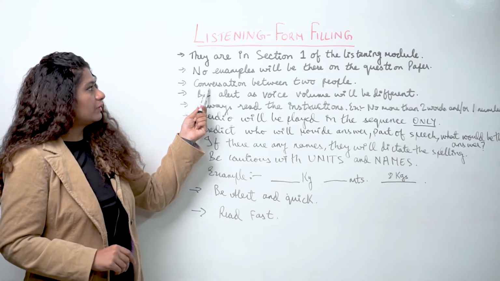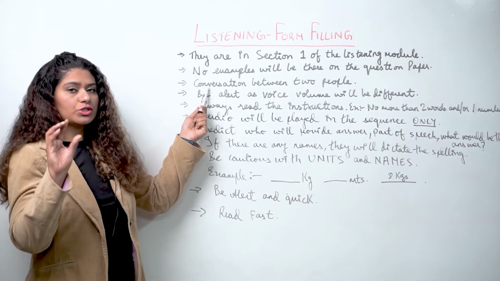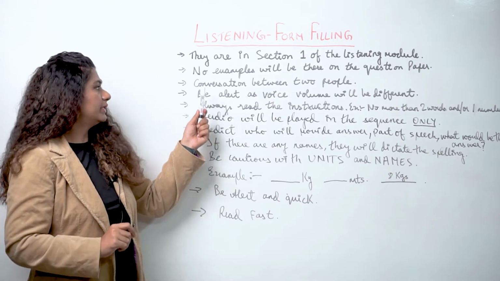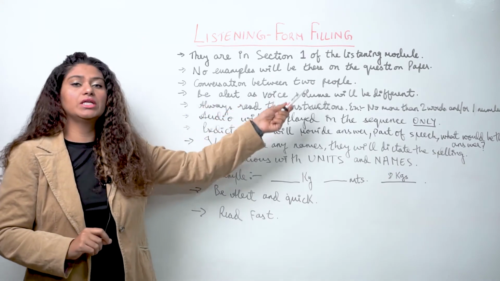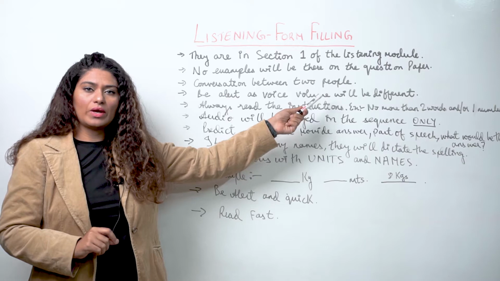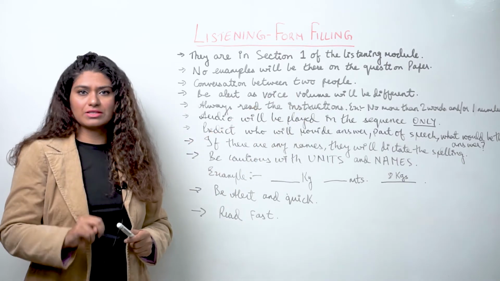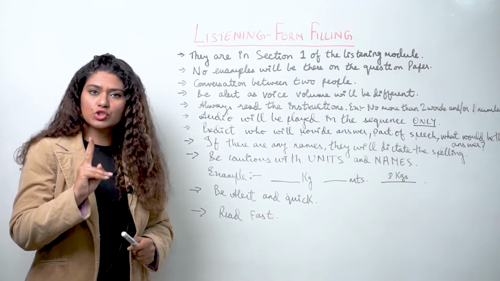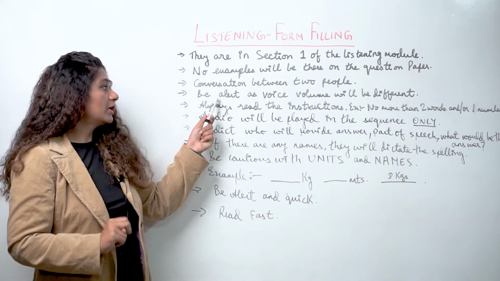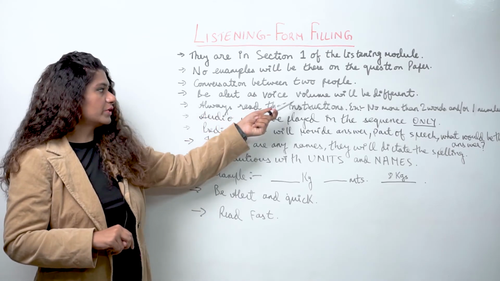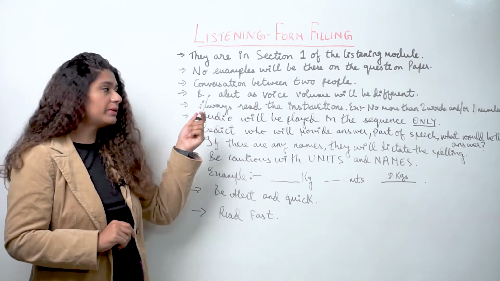Now, for form filling questions, what you can expect in the audio is a conversation between two people. Be alert, as the voice volume will be different. What do I mean by this?